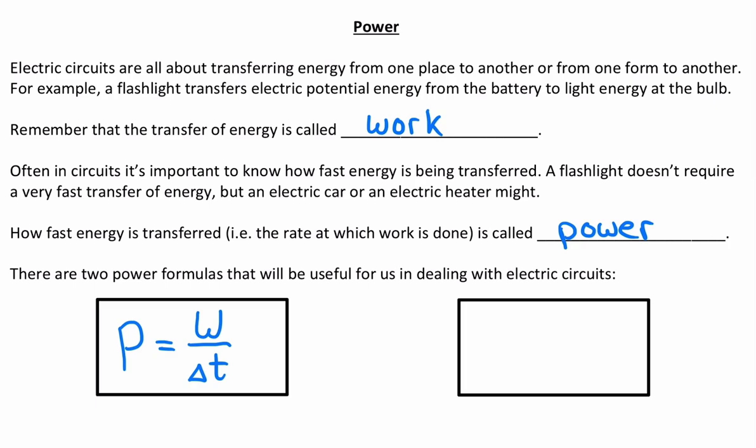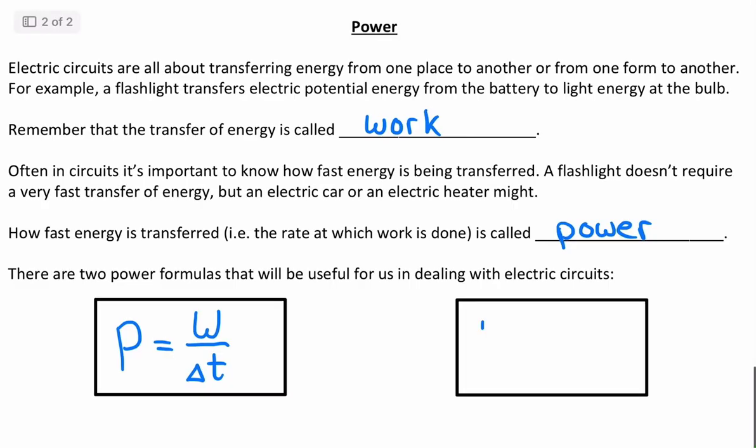This formula works all the time when you're dealing with power. This formula always applies in every situation that involves power, because this formula is basically the meaning of power. Power will always obey this formula. Now, the second formula doesn't apply in every situation where we have power. The second formula only applies to power in electric circuits.